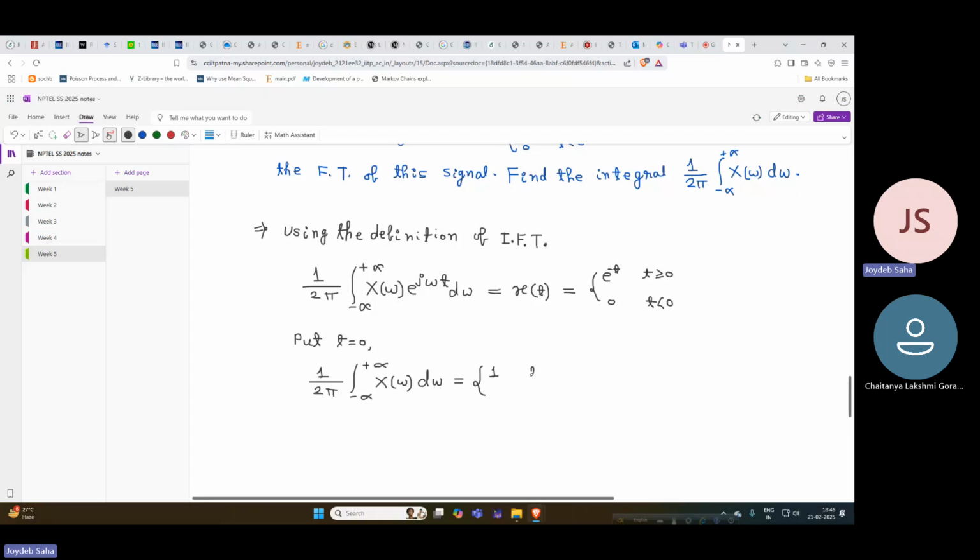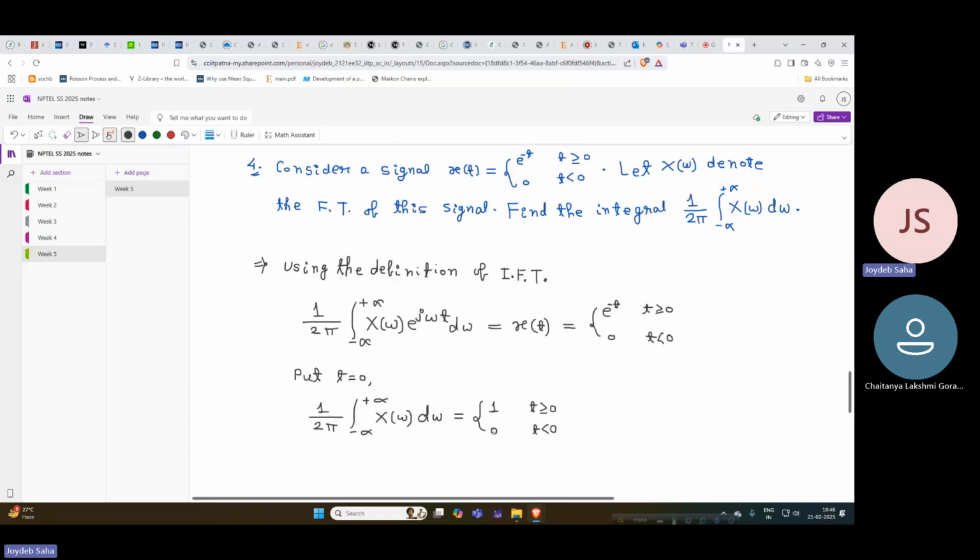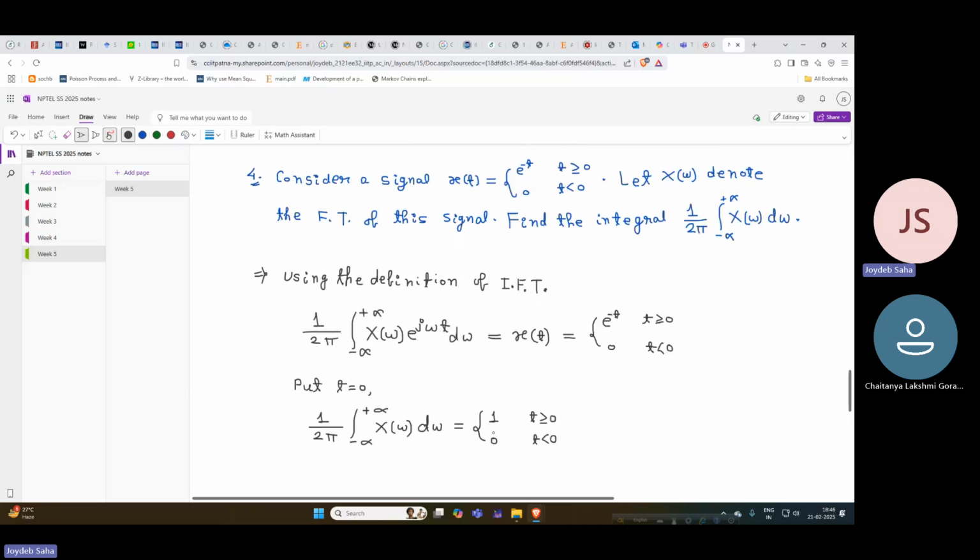Right? Hope it is clear. So in this way we can solve this problem. This is a very interesting and important problem. Take 1-2 minutes to understand this problem, then we will move to the next question.